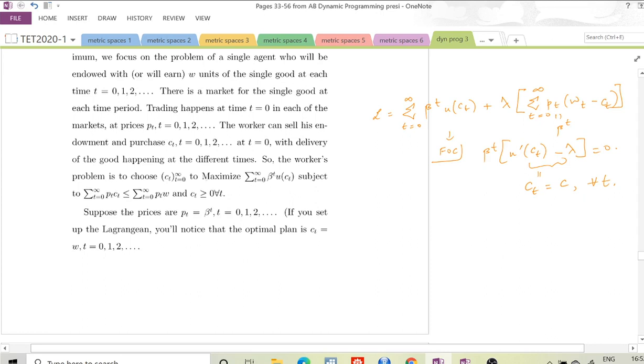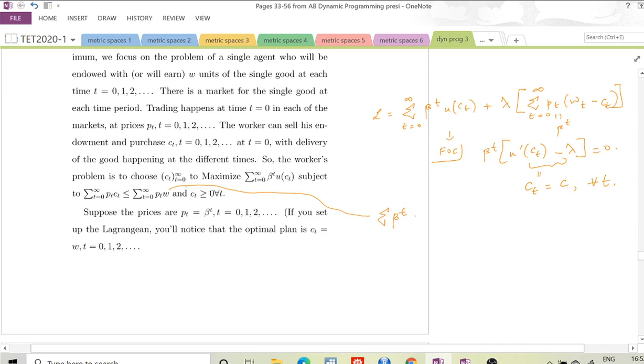And you can see that because the budget constraint looks like that, why not rewrite it even further?